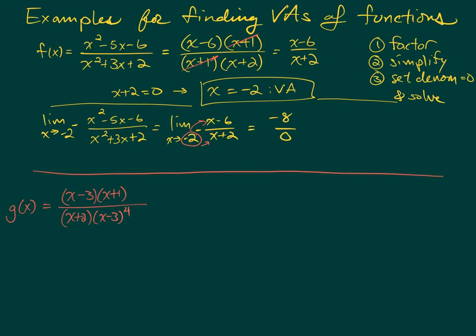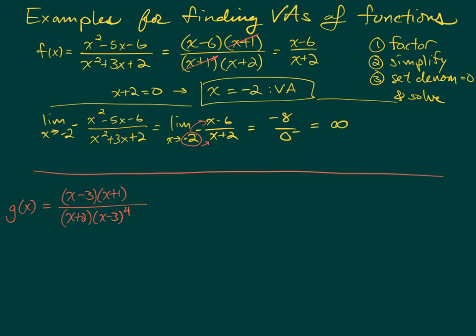And since x is approaching negative 2 from the left, we know that the denominator will approach 0 from the left, which means we will have a negative 8, and approaching 0 from the left means negative infinity, so negative over negative gives you a positive infinity.